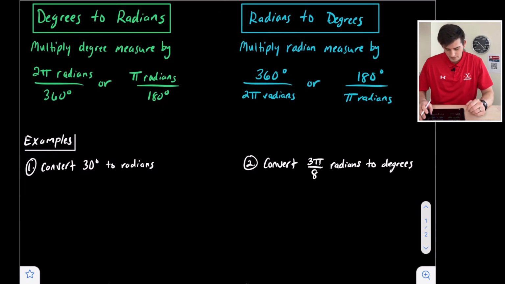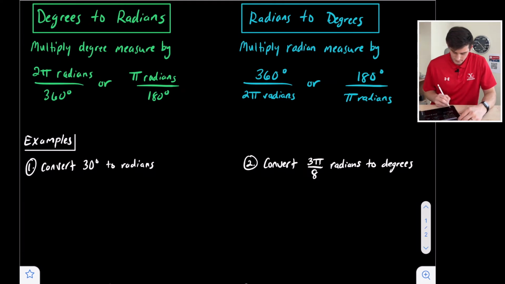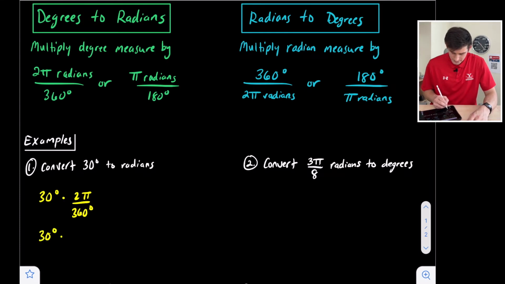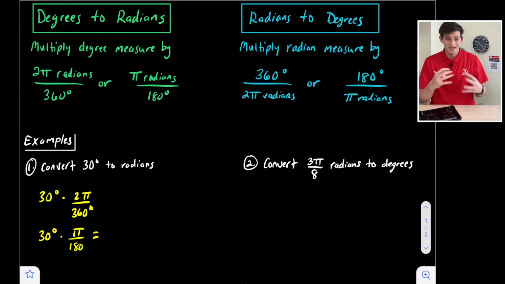And we'll start with these first 2 at the top. So number 1 says we want to convert 30 degrees to radians. So we're going to multiply 30 degrees by 2 pi radians over 360 degrees. Okay, so that's one option that we could do. Or we could do 30 degrees times pi radians over 180. And I'm actually going to solve this second example down here because it just makes our calculating easier.